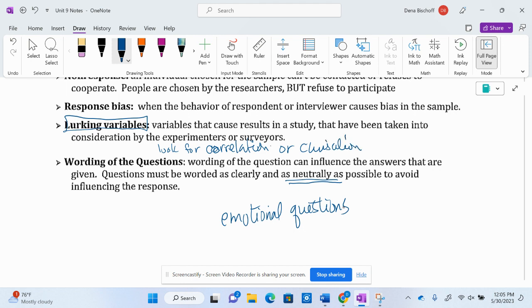Let me see which one we had up here that had a lurking variable in it. So example 3, suppose that one of the studies is observational, when we talk about the relationship between eating breakfast and their success.